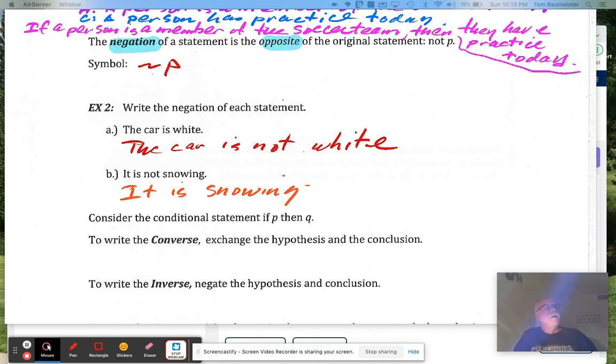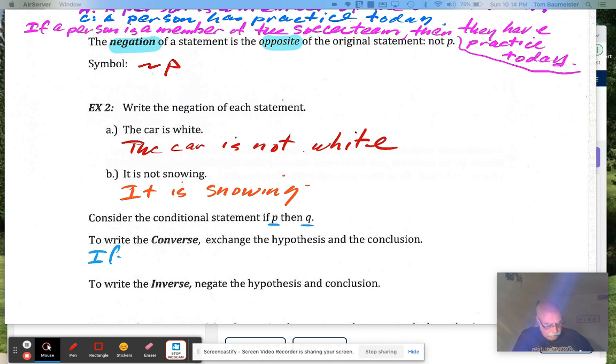Okay, so now consider the conditional statement if P, then Q. To write the converse, exchange the hypothesis and the conclusion. So again, we're going to switch the hypothesis and the conclusion.